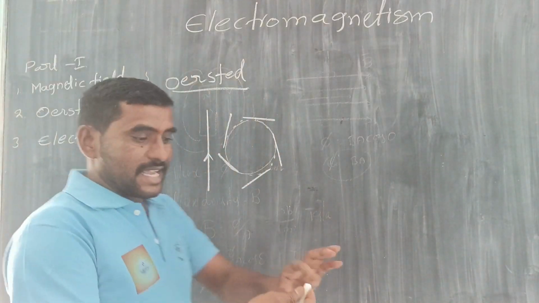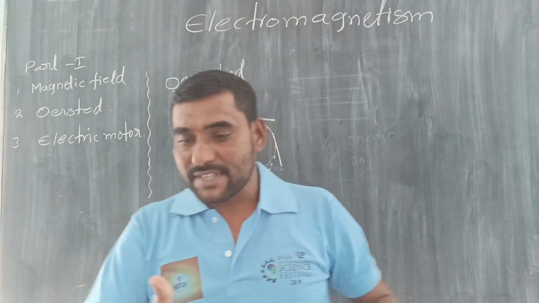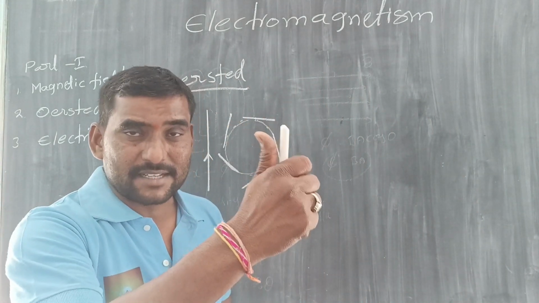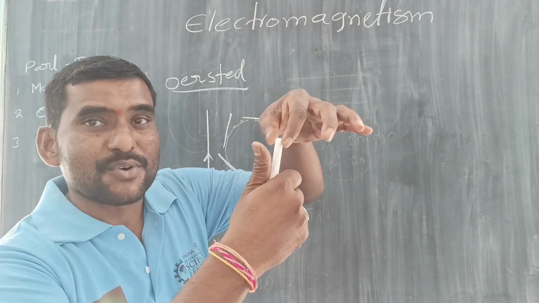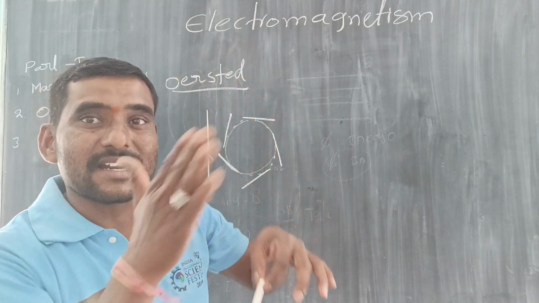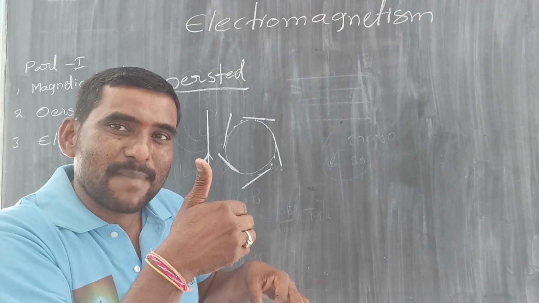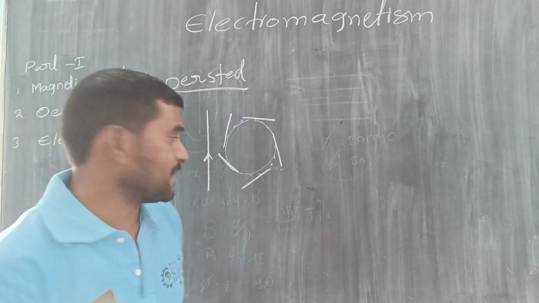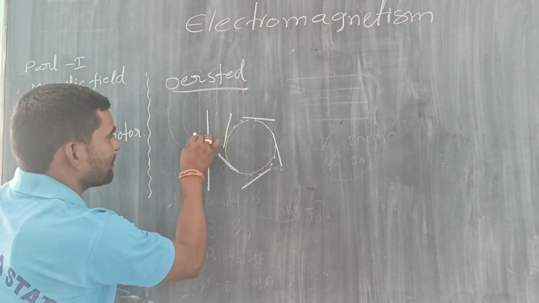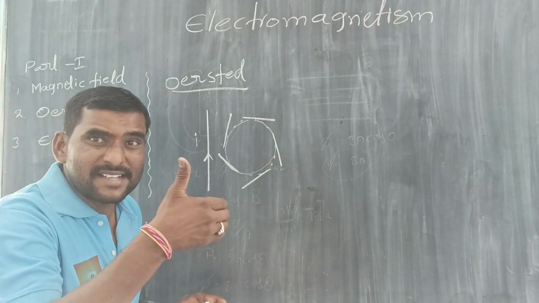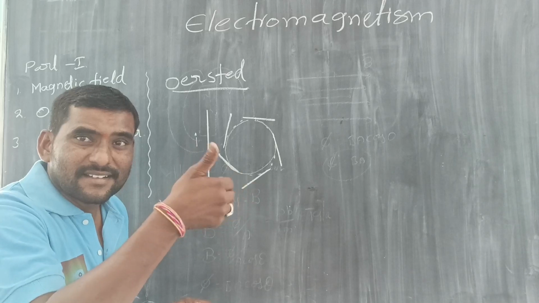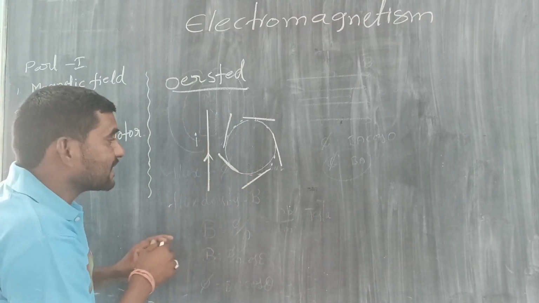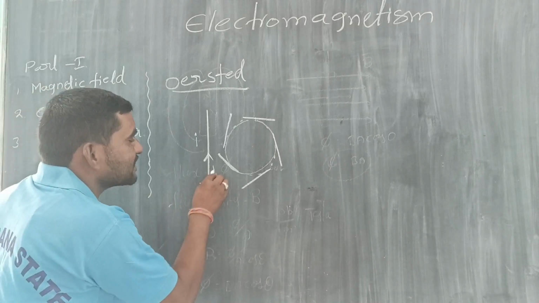Take your right hand. With your right hand, if you take one conductor, like this conductor I am taking, the thumb shows the current direction, and the remaining fingers show the magnetic field direction. You can estimate now: when current is going upward, the magnetic field is in anti-clockwise direction.